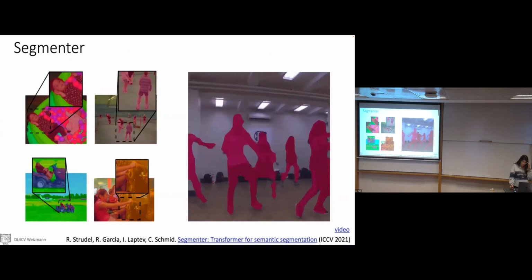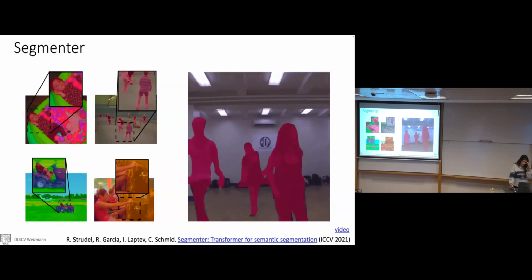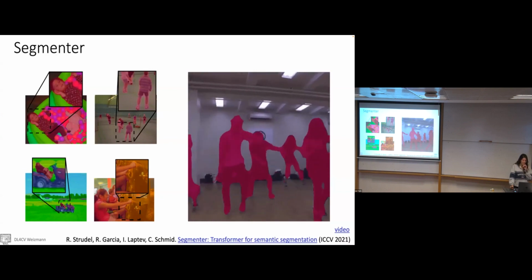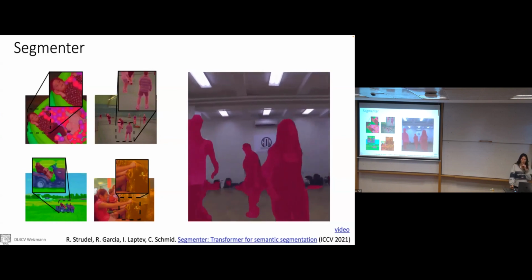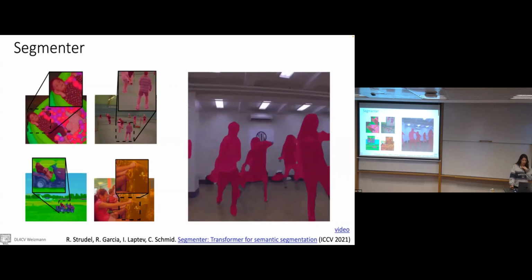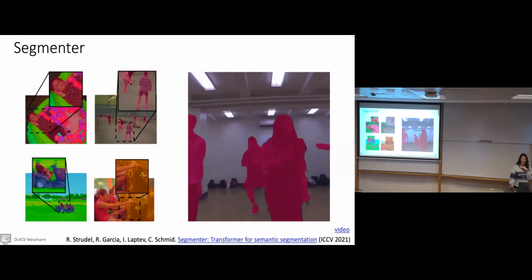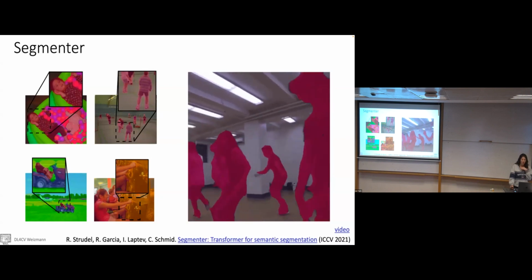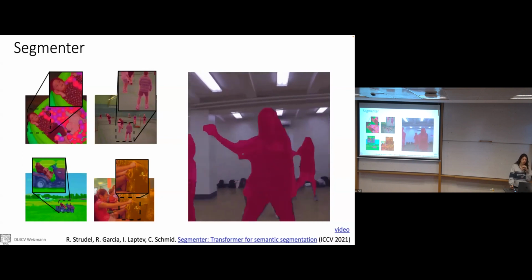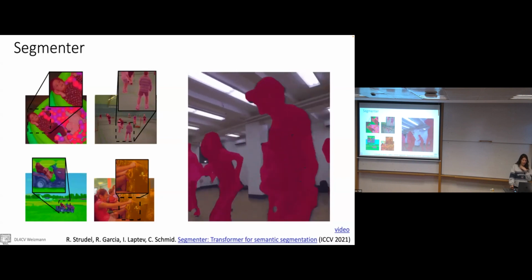There was another concurrent paper, maybe a bit more famous, called SegFormer by NVIDIA. Both gained really high popularity, and people started to use transformers more and more instead of convolutional networks for this task.